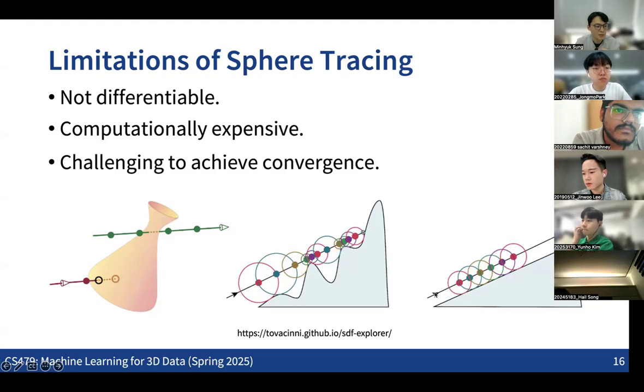As the ray is close to the surface, this ball would be very small, which means we will need lots of points that we are querying, while there's no intersection point along this ray. So we don't know how much computation we need to do to find the intersection point. So it is computationally too expensive, and there are also issues with differentiability.